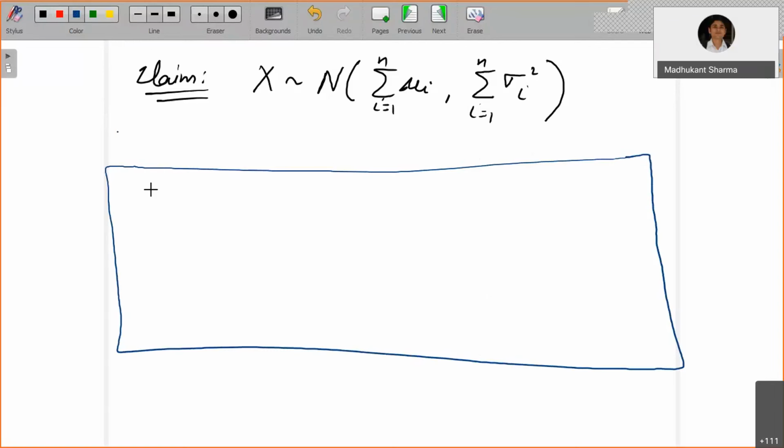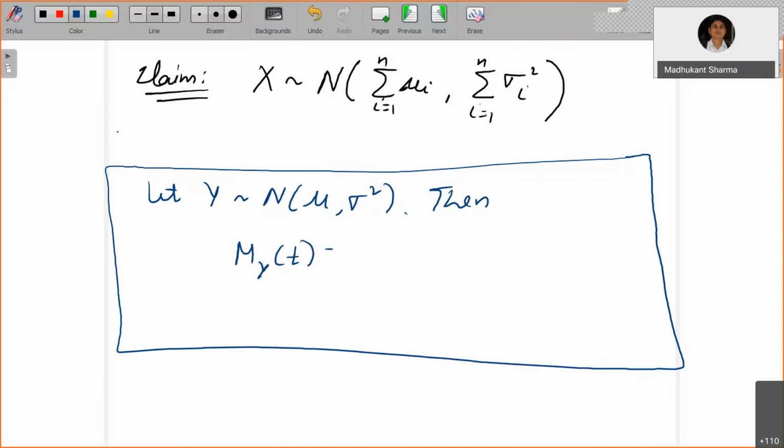I will state what the moment generating function is. Let Y follow a normal distribution with mean mu and variance sigma square. Then M_Y(t), the moment generating function, is the expectation of e to the power tY, which can be shown to be e to the power mu t plus sigma square t square by 2.